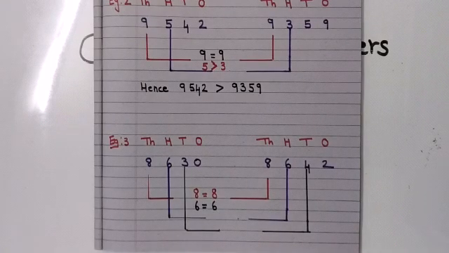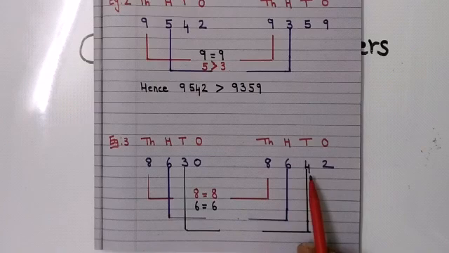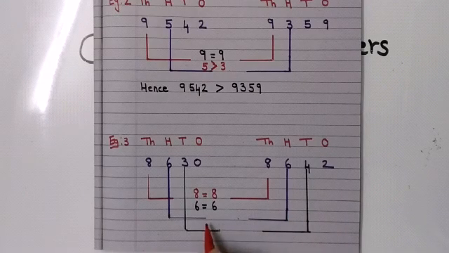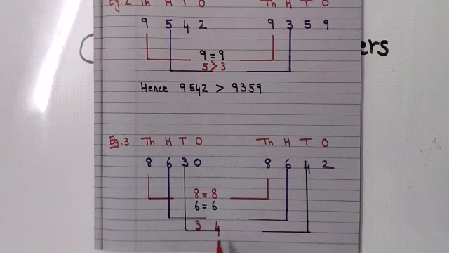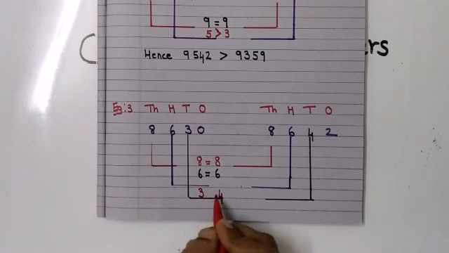So now what do I have to do? I have to move to the next place, that is my tens place. Now here you see 3 and here you see 4. Now what sign, children, will I put over here? What sign should I put here? It is less.